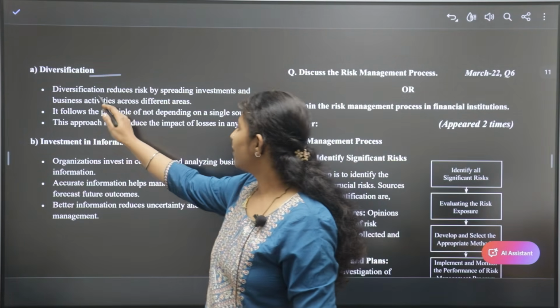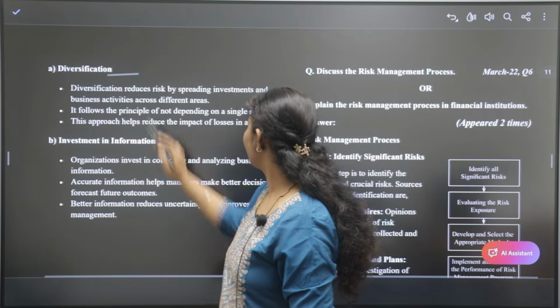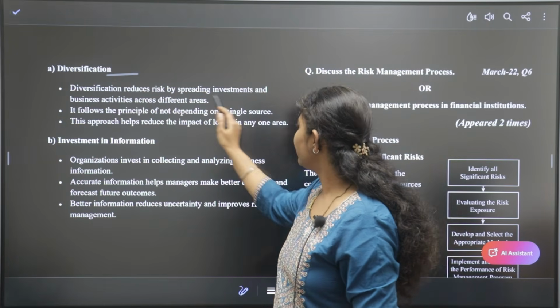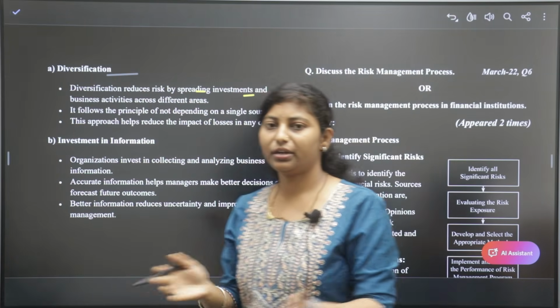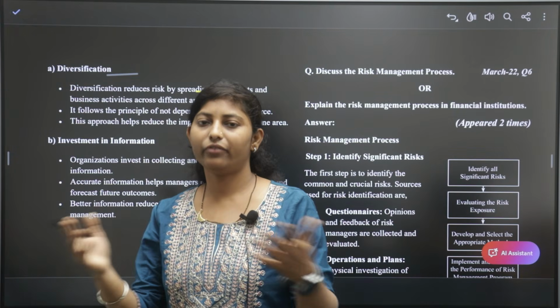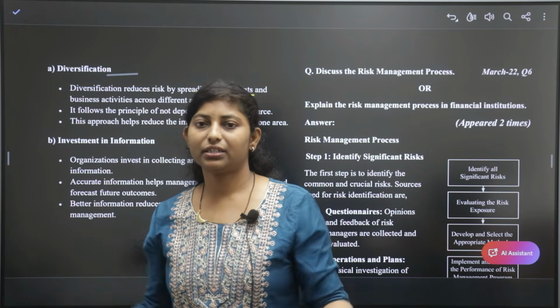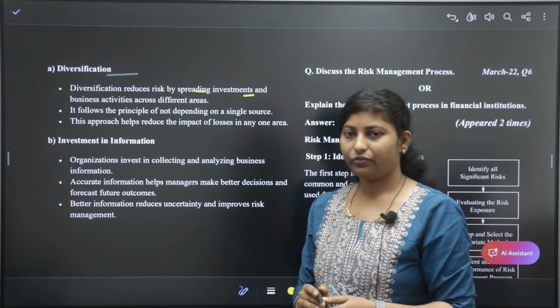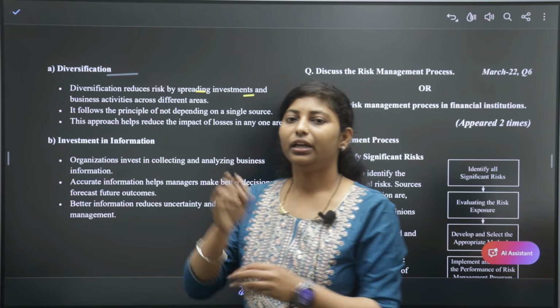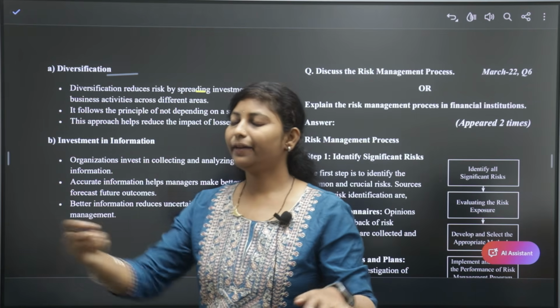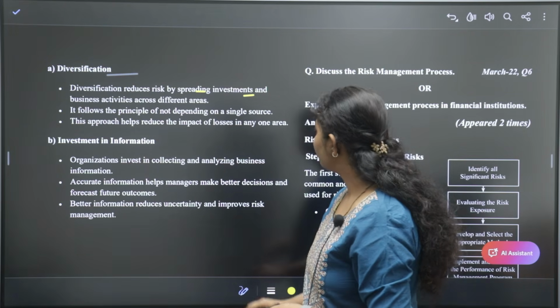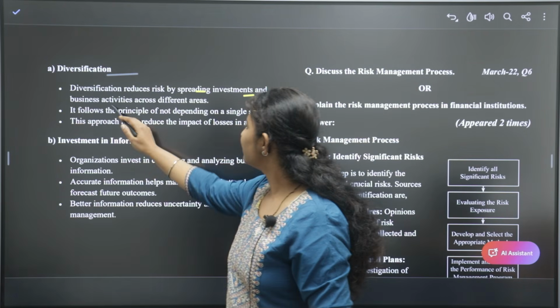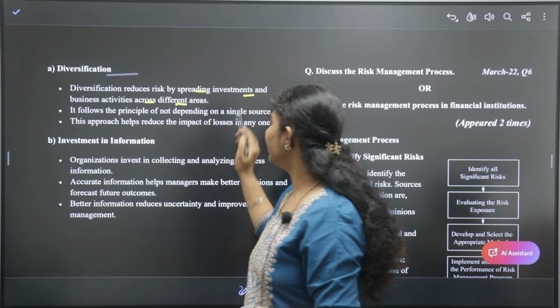Diversification reduces your risk by spreading investment. You need to spread your investment in different ways, in different types of assets, not only in one asset. So you grow your business activity across different areas.